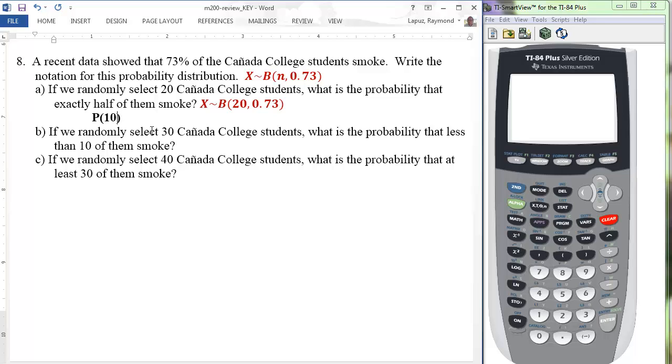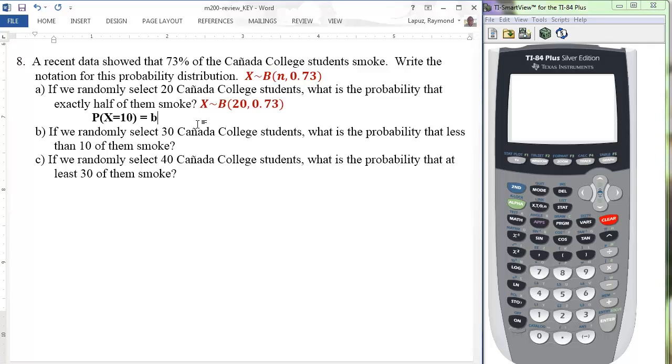You could put 10 here, but it would be a good idea whenever you're dealing with probability distributions that you're saying X is exactly or equal to 10. And so in that case, we have a binomial distribution going on with N equal to 20 and P equal to 0.73.